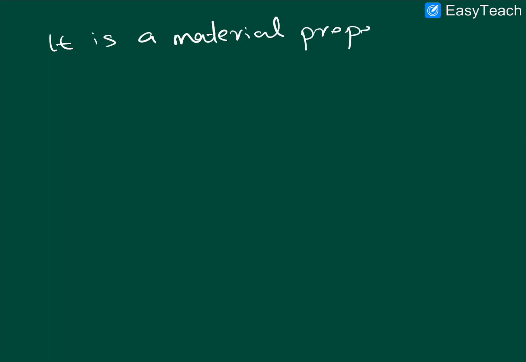What is meant by this? If you consider a material, it will have a resistance. If you consider another material, it will have a different resistance. So resistance depends on the material. That's why it is a material property. And what is actually this resistance? Resistance is nothing but opposition to electric current.